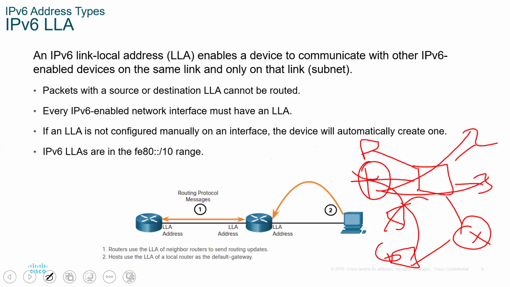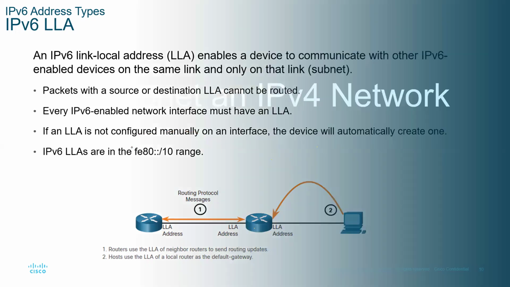Why? Because once it gets to the router, the router will drop it. That IP address is not routable. If a link local address is not configured manually on the interface, the device will automatically create one. The IPv6 link local address begins with FE80::/10.